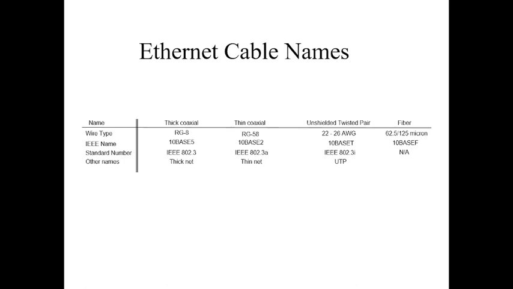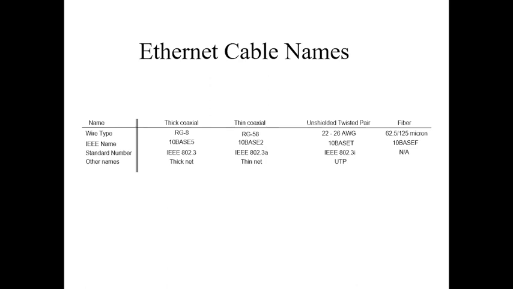The name is based on the wire type. Thick coaxial is RG8, thin coaxial is RG58, unshielded twisted pair is 22 to 26 AWG, and fiber is 62.5 or 125 microns.